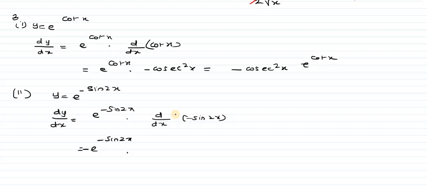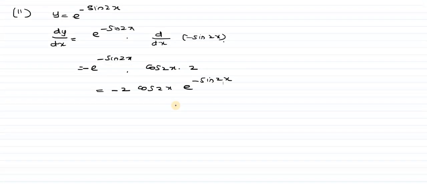Sin 2x gives cos 2x, and the differentiation of 2x is 2. So it will be minus 2 cos 2x e power minus sin 2x. Clear? Otherwise you should remember, whenever trigonometric functions are involved, the coefficient of x should be multiplied in the result. That is the direct thing, but always do it step by step.